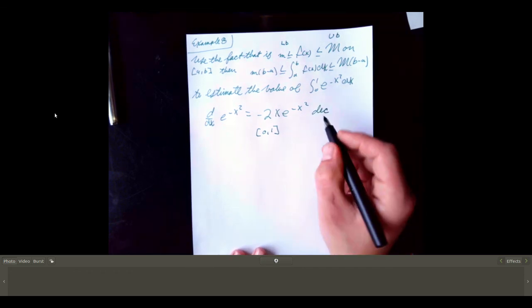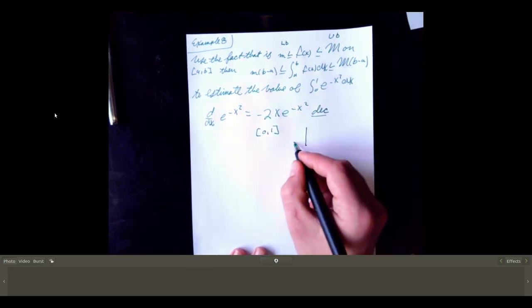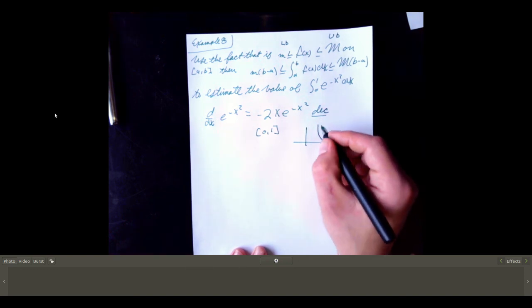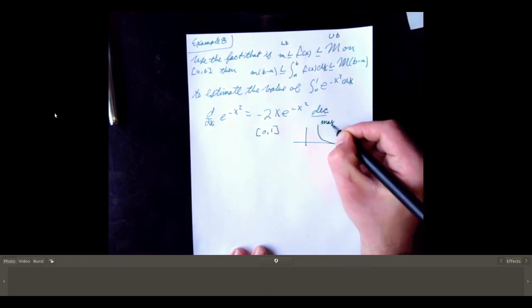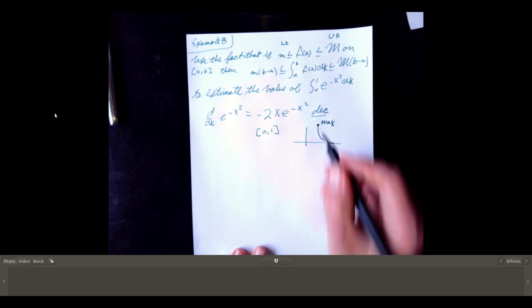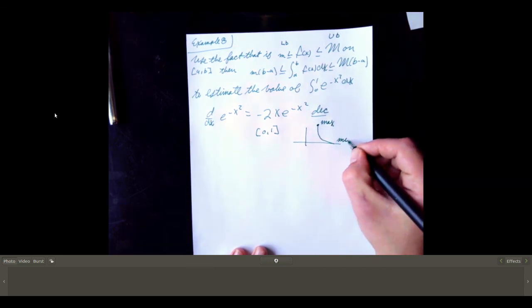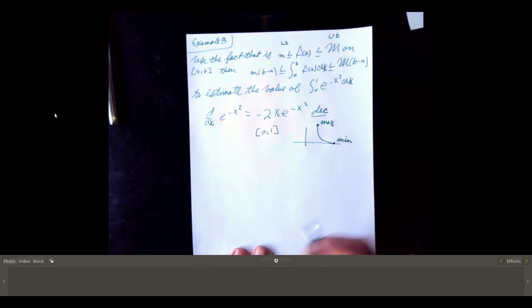So if you have a function that is always decreasing, its max value is its starting point, and its min value is its ending point.